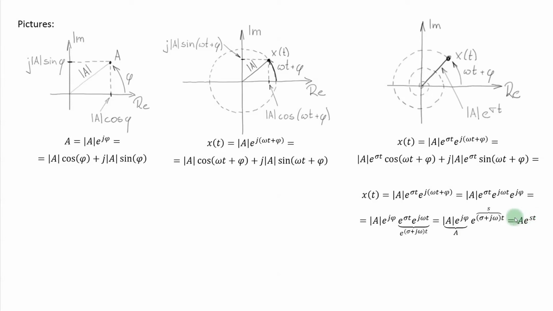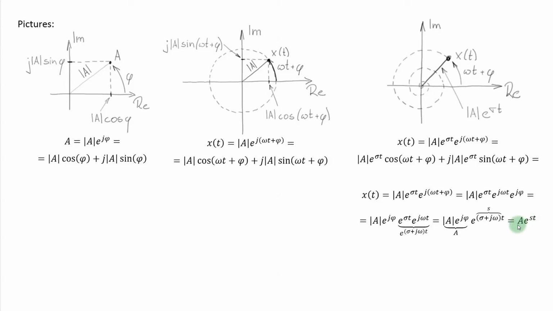So this complex exponential is a signal, the value of which is following a spiral in the complex plane. And the real part and imaginary part of this signal are damped cosine and sine. Also, the parameters of this damped cosine and sine are hidden in this complex amplitude and complex frequency.